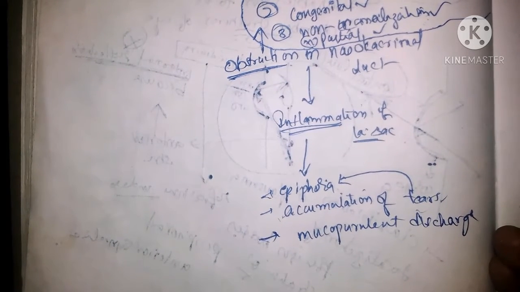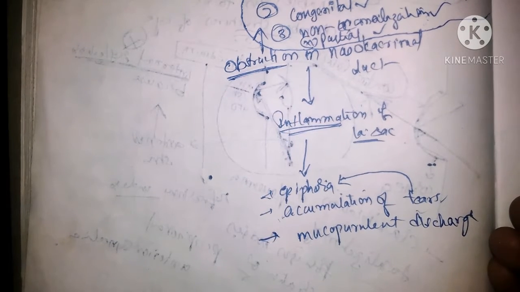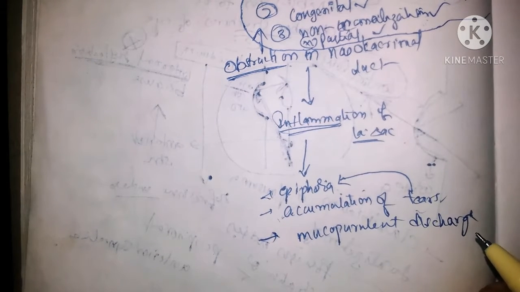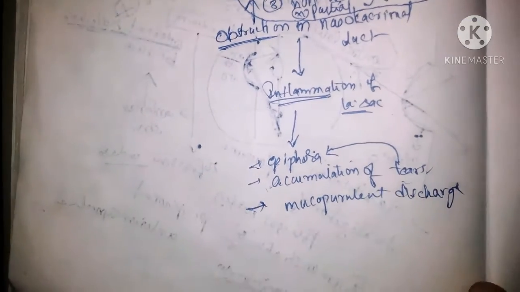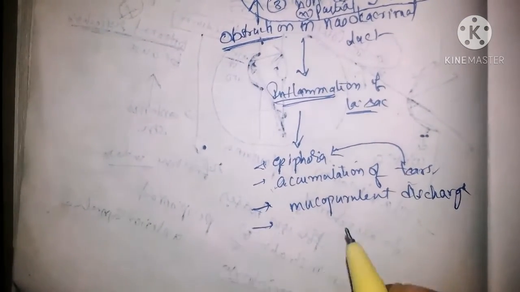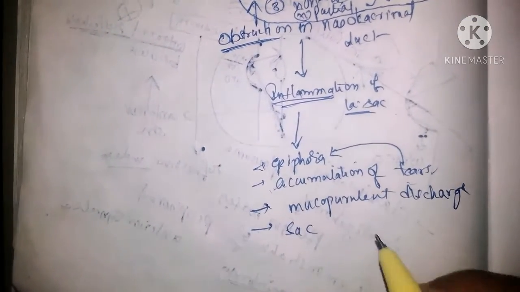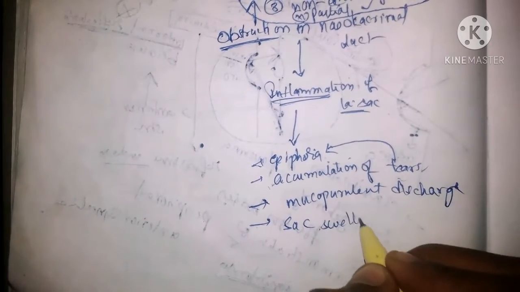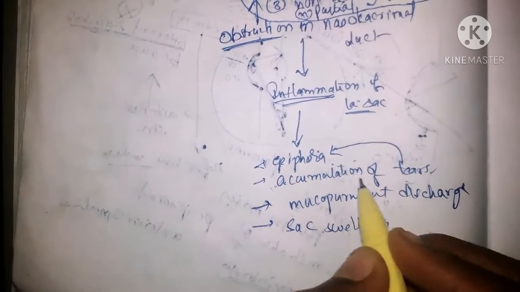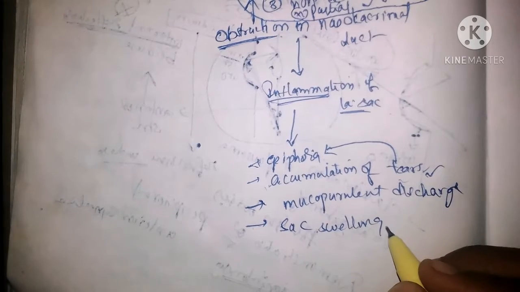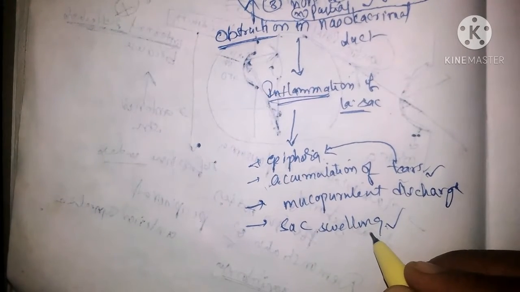As the secretions accumulate in the lacrimal sac, infection develops, and due to that you will see mucopurulent discharge, and you will see the sac swelling. As there is accumulation of tears, you will also see swelling in the sac region.